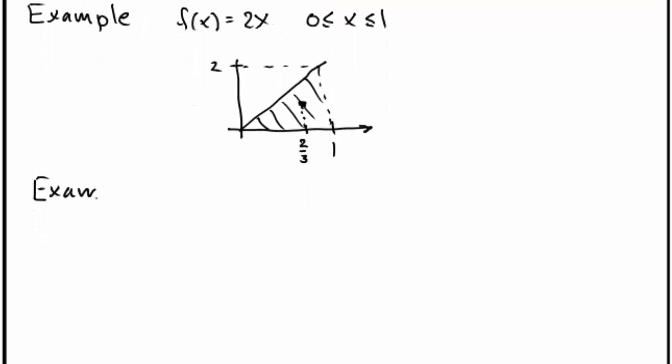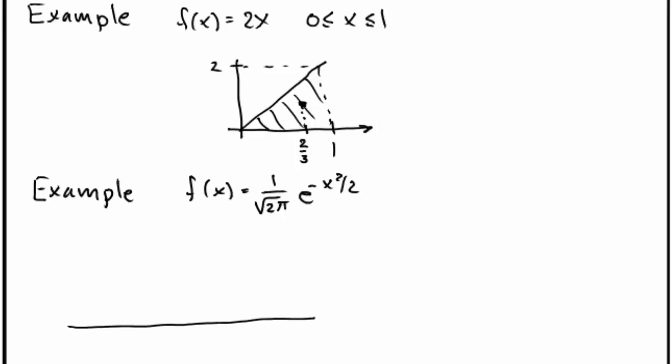One final example. The PDF of the standard normal distribution. If you draw this PDF, it looks something like this. It's this typical bell-shaped curve. This curve is completely symmetric around the y-axis.